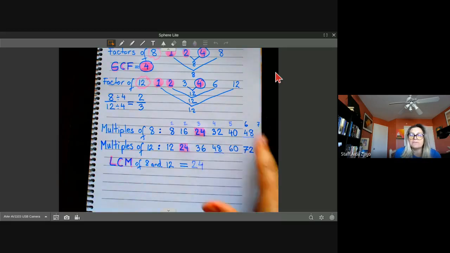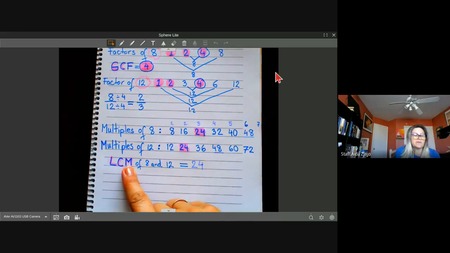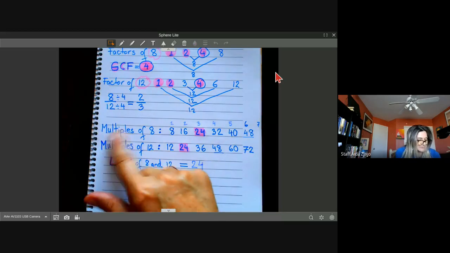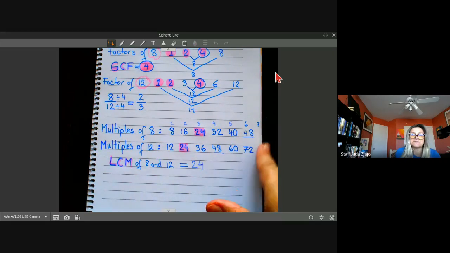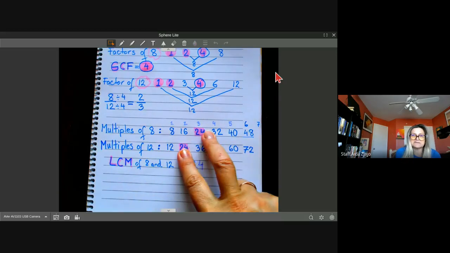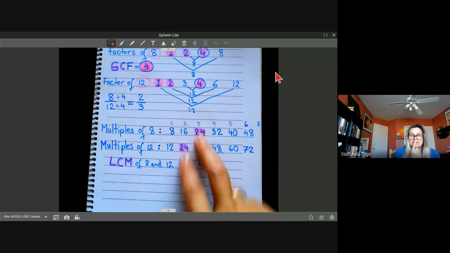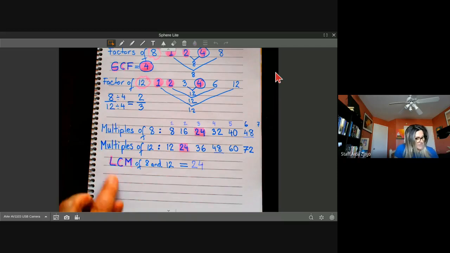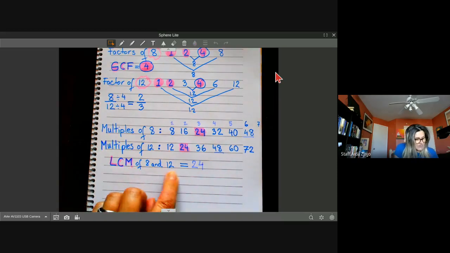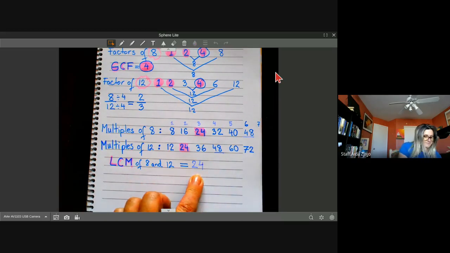You can find many common multiples of these two numbers, but the least is the first one that comes, because that's the smallest. So now I know the least common multiple of 8 and 12 is 24.